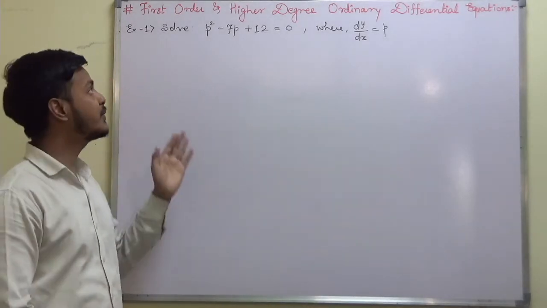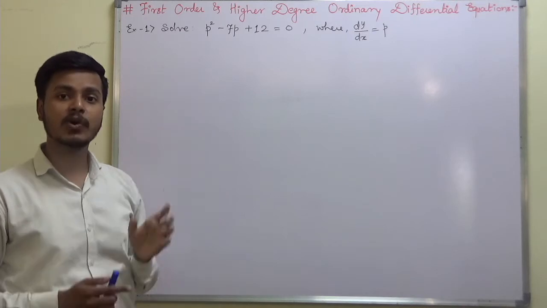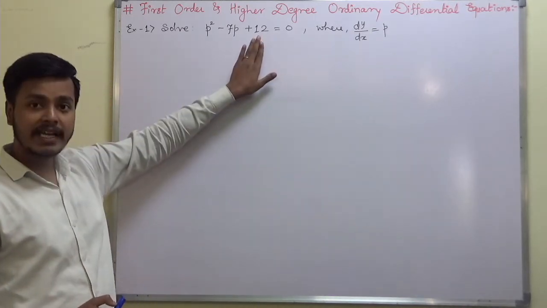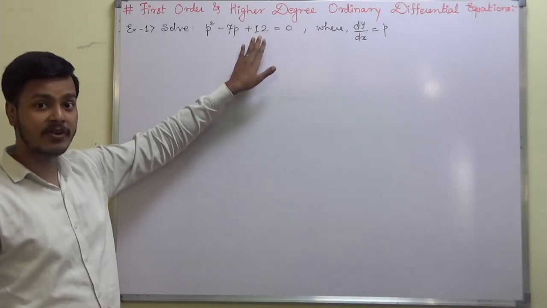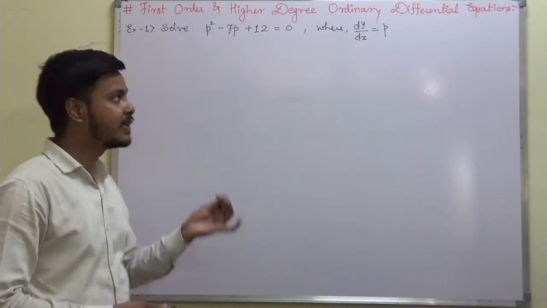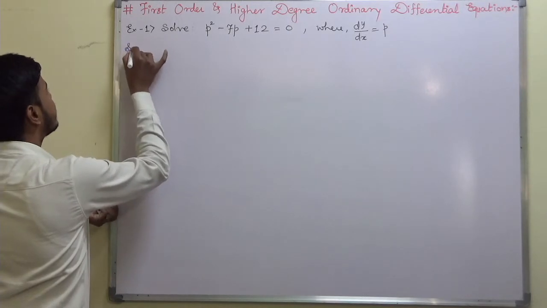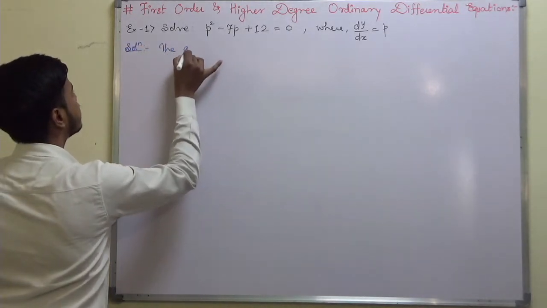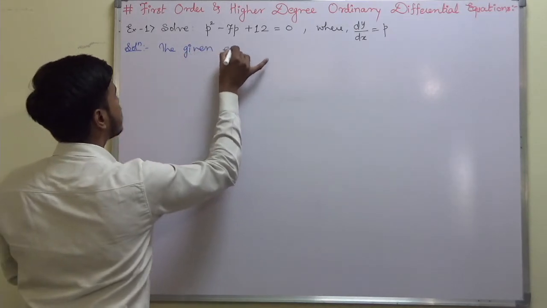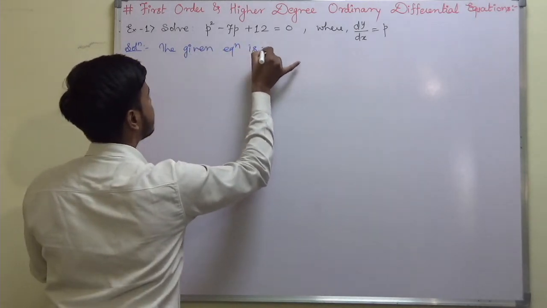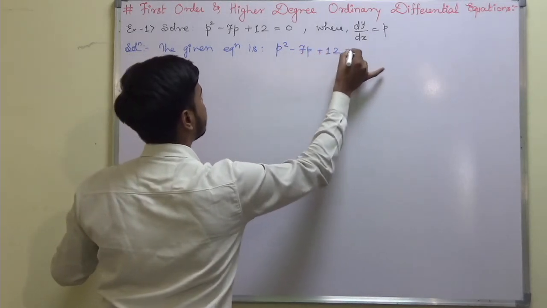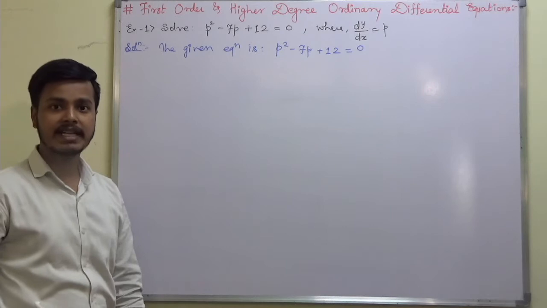Now, as we are going to apply method 1, that is solvable for p, I need to write this equation in terms of factors. The given equation is p square minus 7p plus 12 is equal to 0. Is that clear?